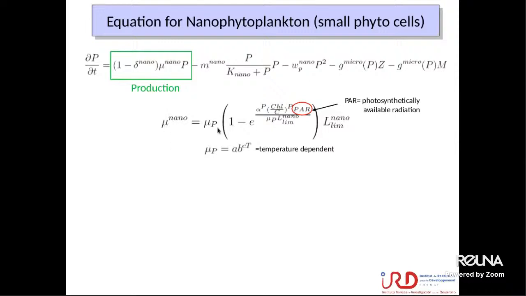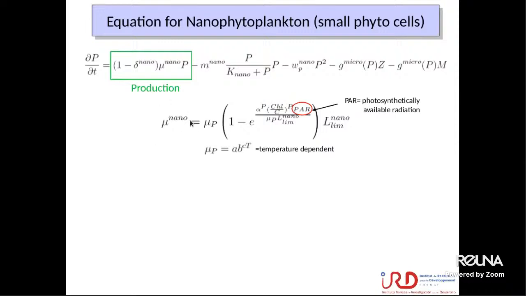It's separated into one term, mu p, and a big parenthesis in which we have 1 minus an exponential, and here we can see the PAR. Okay, so this PAR will be really important here. This term in front is a temperature-dependent term with a certain equation.